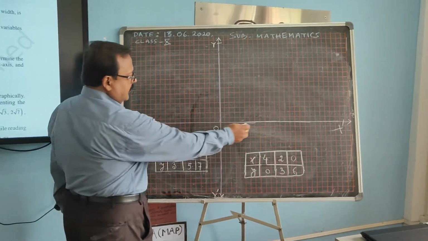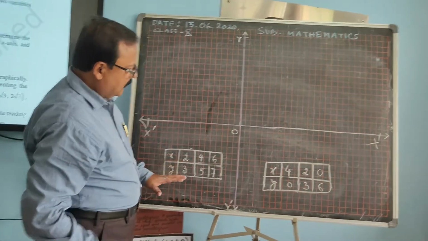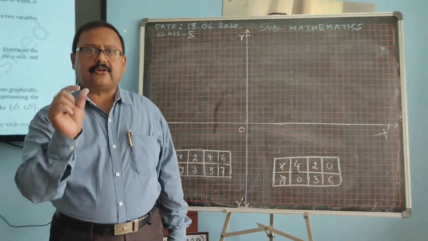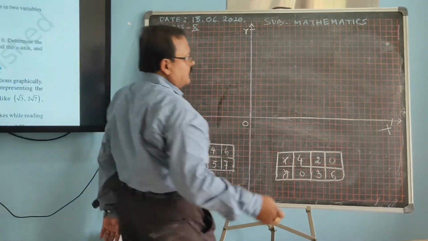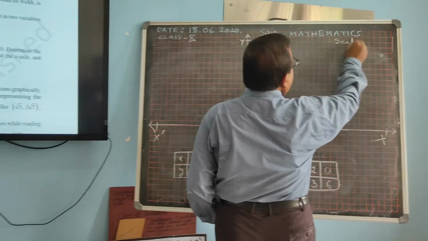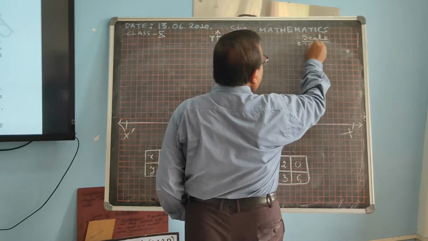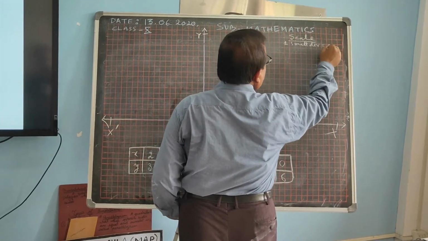So directly on our graph board, we can take one small division. Okay, in your graph papers you can take 5 small divisions or 10 small divisions as one unit. Okay, in this graph we can take the scale one small division equal to 1 unit.